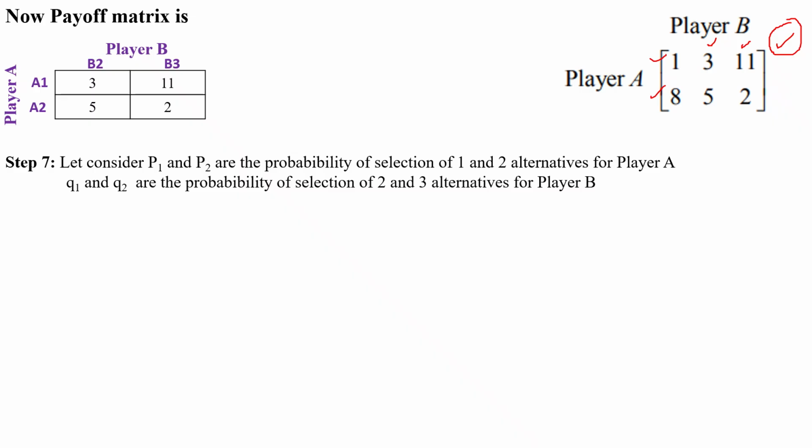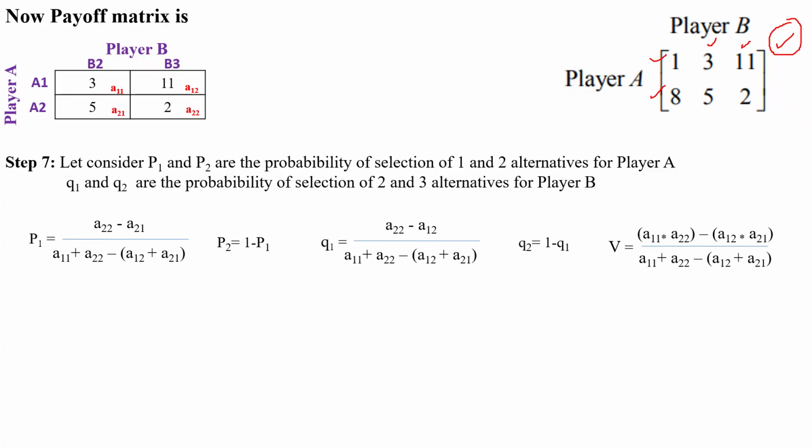Next, let's consider P1 and P2 are the probabilities of selection of the first and second strategies of player A, and Q1, Q2 are the probabilities of selection of the second and third strategies for the player B. And also we know the formulas of P1, P2 and Q1, Q2, and the value of the game.